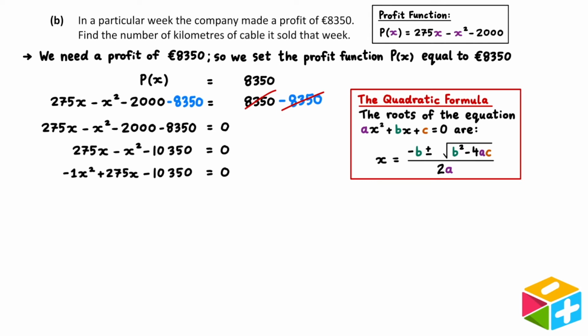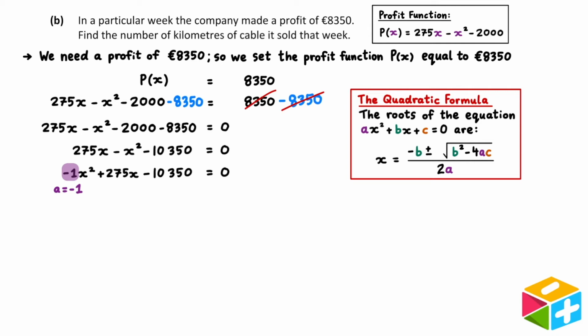Let's remind ourselves of the quadratic formula. It states that the roots of the equation ax squared plus bx plus c is equal to 0 are x is equal to minus b plus or minus the square root of b squared minus 4ac all over 2a. In this formula, a refers to the number in front of the x squared.